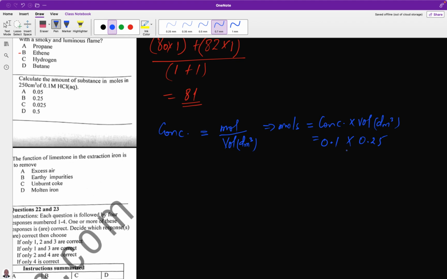We multiply this, so the number of moles will be 0.1 times 0.25, which is 0.025 moles.